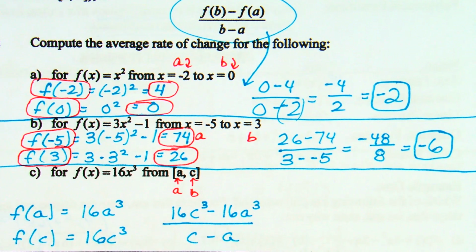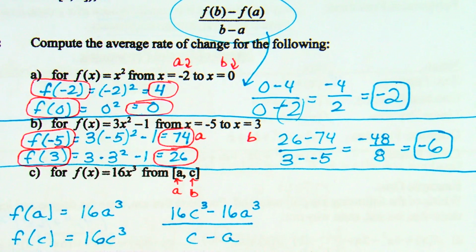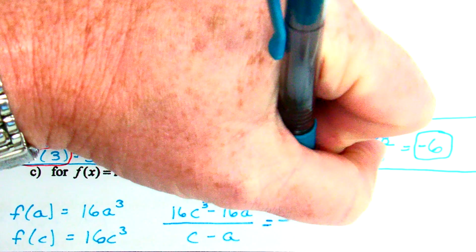The way to cancel is to cancel in terms of factors, which means, let's do some factoring on top. Let's start with the obvious factoring on top. What do you see that's in common on top? 16. So let's start with the GCF. I expect you guys to be okay with that part. So if we factor out GCF on top, that means we're factoring out 16.